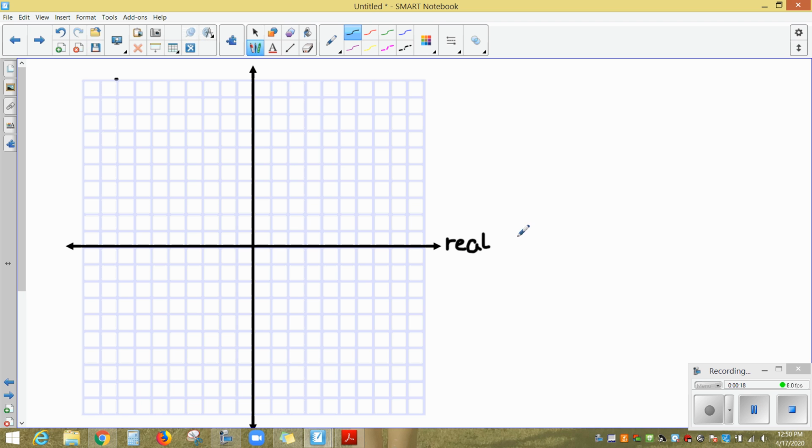If I'm looking at a complex number and I want to visualize it in the complex plane, we have the real numbers along what is usually the x-axis in the horizontal direction, and our imaginary numbers go vertically. So the complex number 2 plus 3i corresponds with the point (2, 3) on our graph.